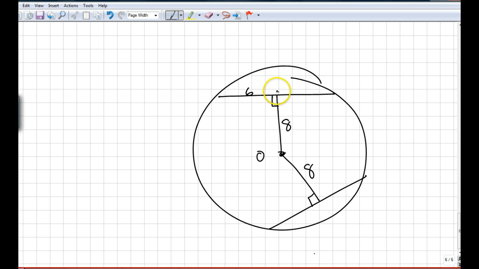Well, this again means that this has to be 6. So that means this whole thing is 12. This distance is 8 and this distance is 8. So this chord must be equal to this chord. So chord, well, I guess I should name it, chord DC also has to have a length of 12.